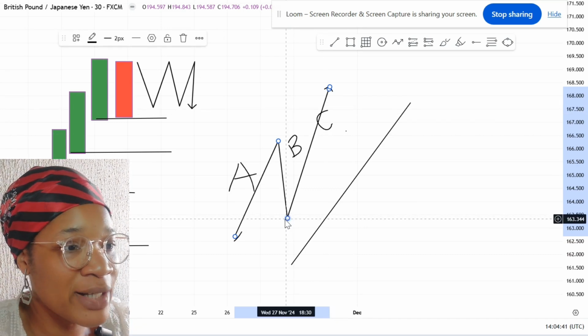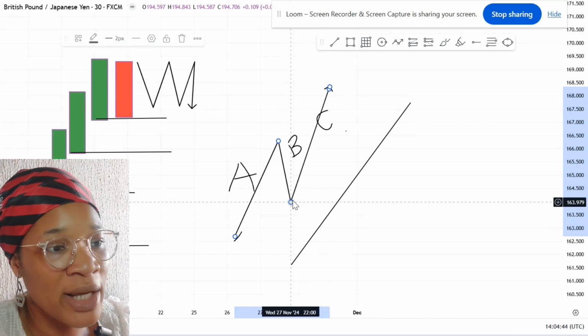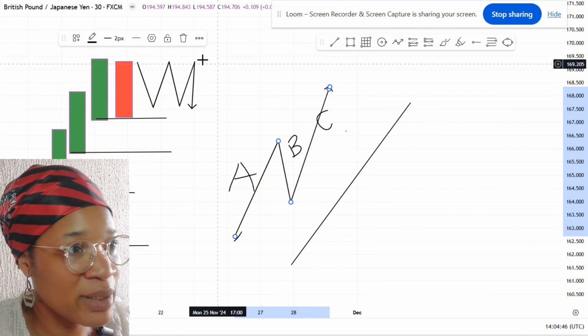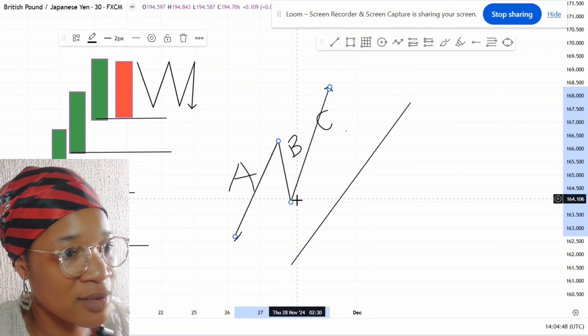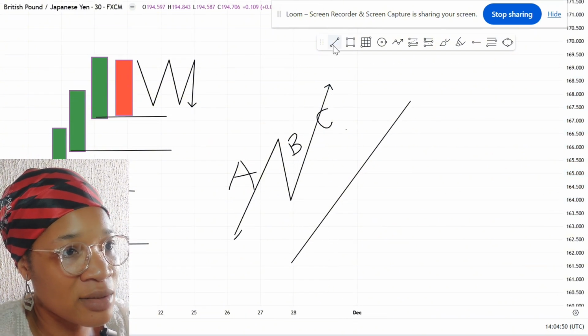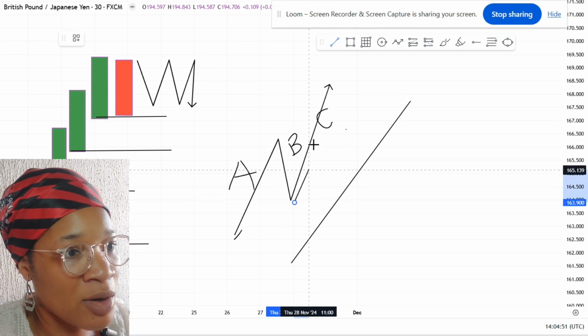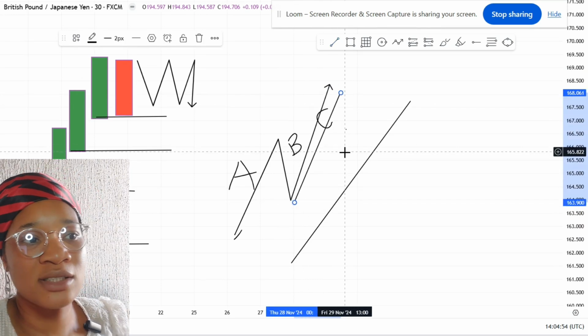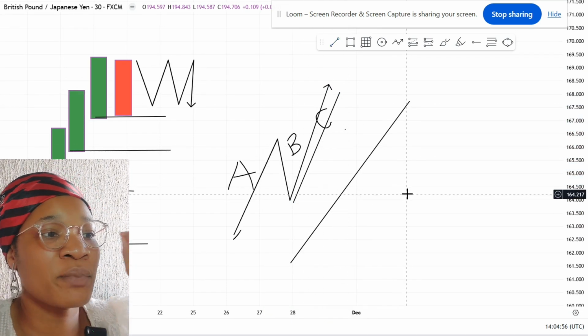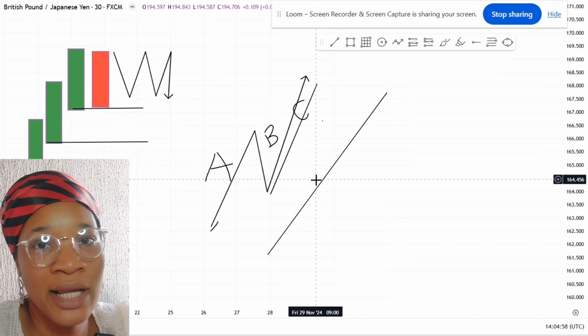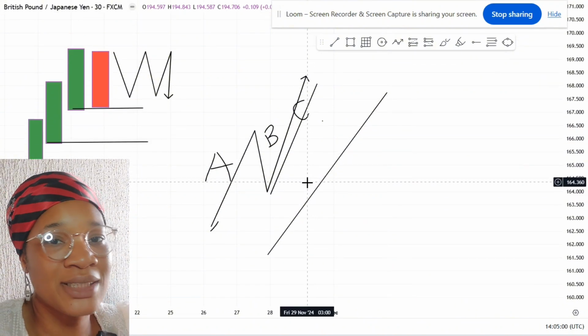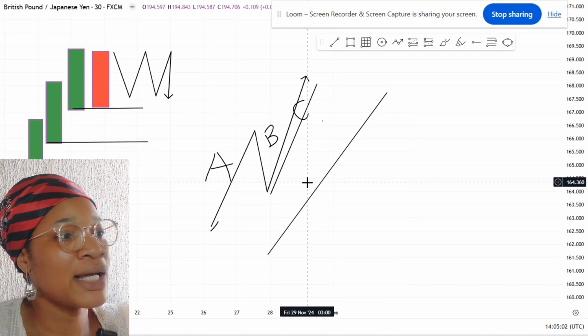You wouldn't see where to get an opportunity to enter into this movement here of C, from here all the way to this place, right? So it is important for you to be able to identify or spot the pullback, right? So let's go over to the charts.